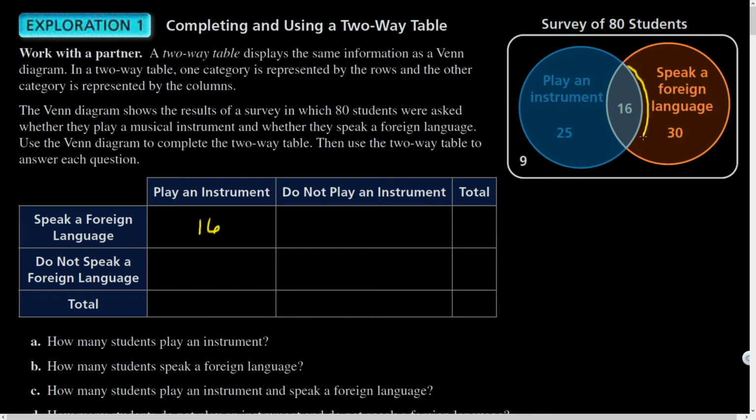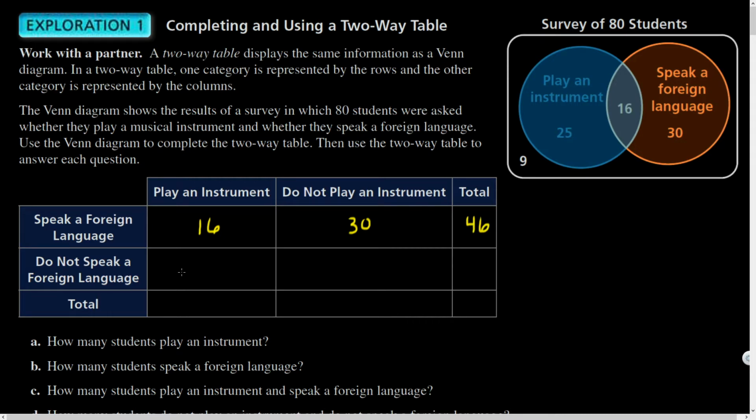So that would be this region, right? That would be the 30 students right there. And then the total number of students that play an instrument, well, that would be this whole circle. That would be 30 plus 16. This whole row added across would equal 46 of the 80 students.